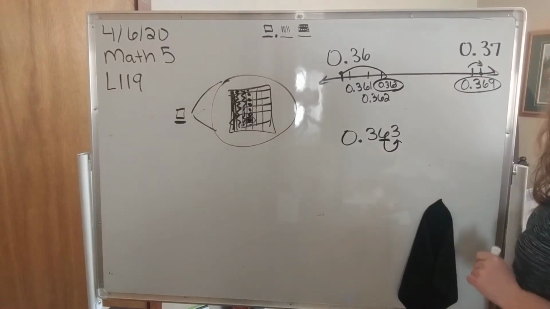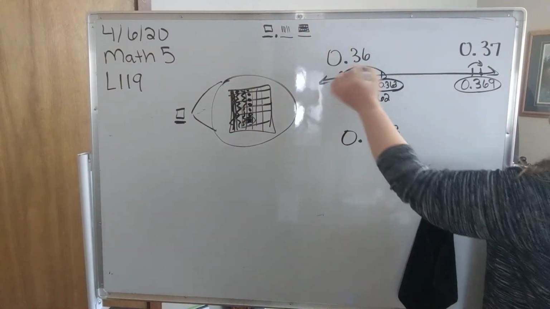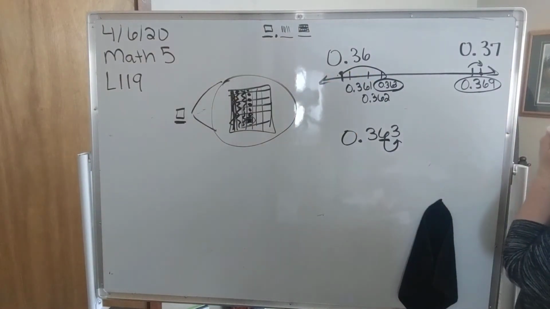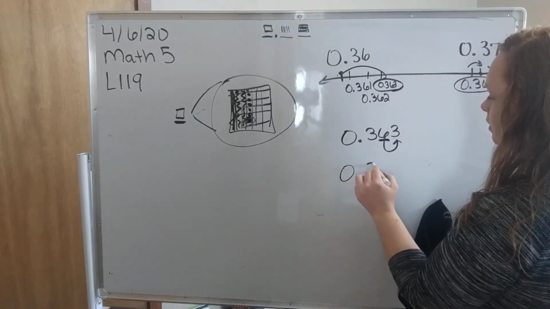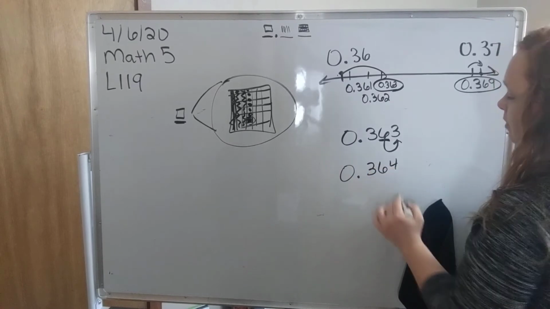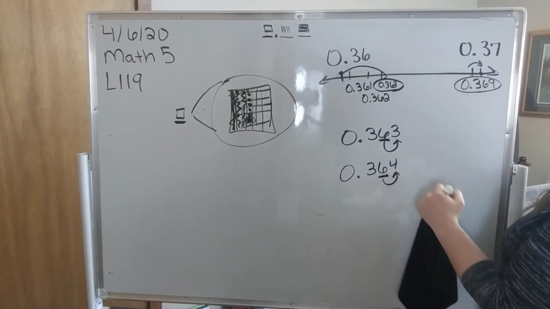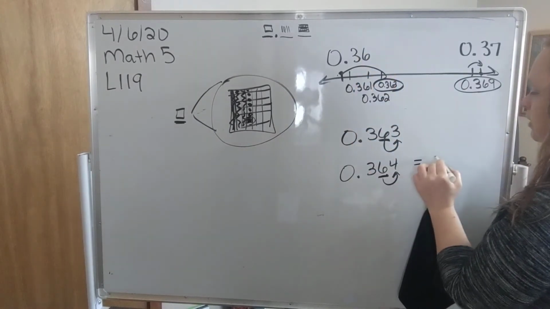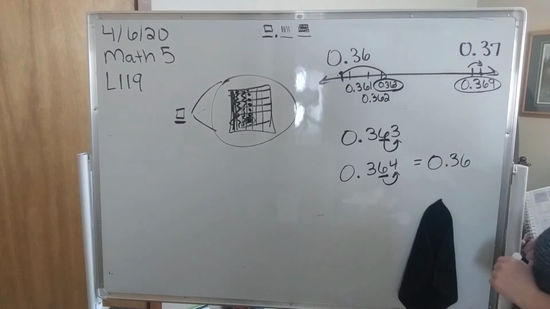My neighbor is a 3, so it tells my number to stay the same or to go down the number line. Okay? Now, what if I had this number? I look to my neighbor. Remember, 4 tells it to stay the same, so it would round down to 0 and stay the same.